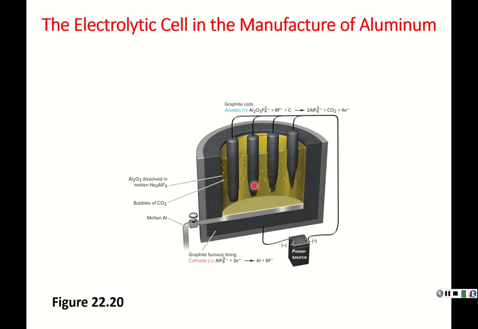These are interacting with this molten aluminum oxide dissolved in sodium aluminum fluoride, so a very complex mixture there. But what's happening is that you're getting a reduction of the aluminum at that cathode, that lining of the surface here, and it's reducing to aluminum metal, right? And then that molten aluminum metal can flow out of the chamber.